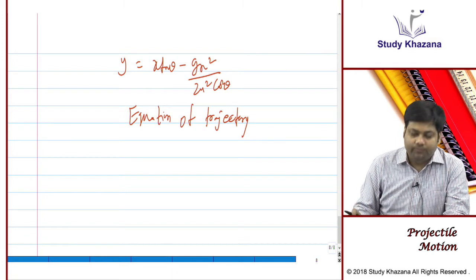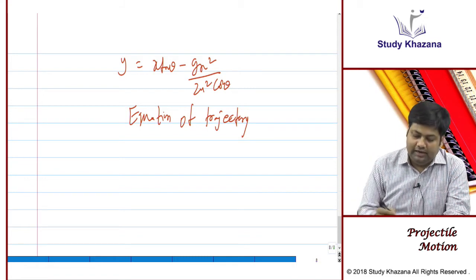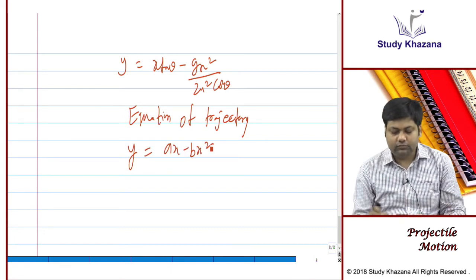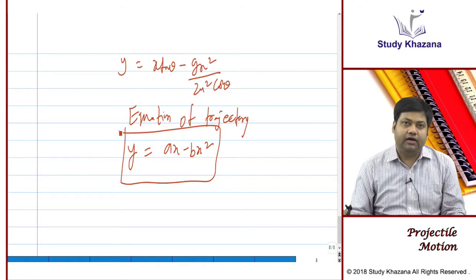Now if you look at the equation, you would find this is a kind of parabola, and I would like to generalize it by saying y equal to ax minus bx square. So this is the equation of the parabola, y equal to ax minus bx square.